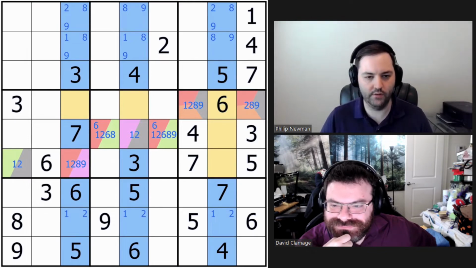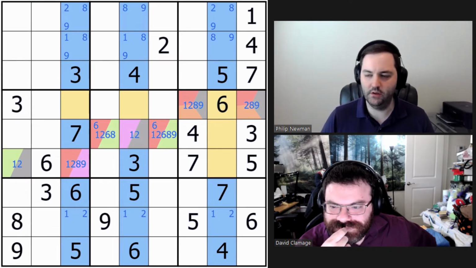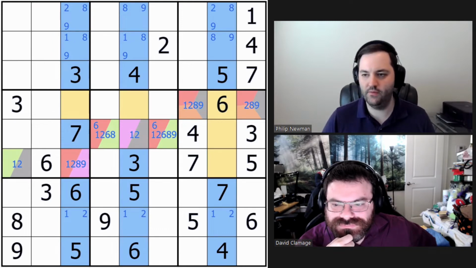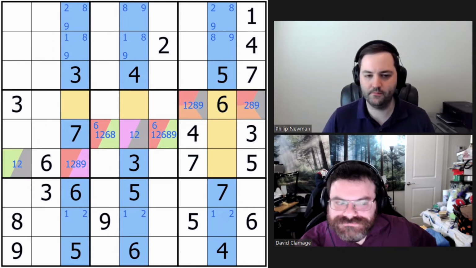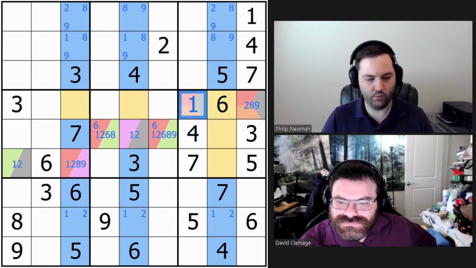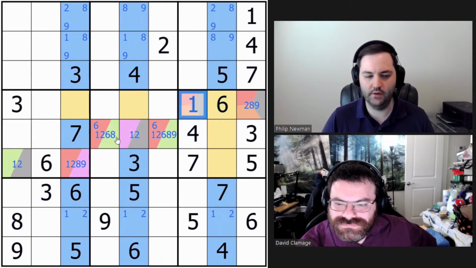Okay, regardless. The third type of deduction we can't make immediately in most cases. But it has to do with that fish logic that we were talking about. We know if there's a 1 here, then there has to be a 1 in one of these cells.